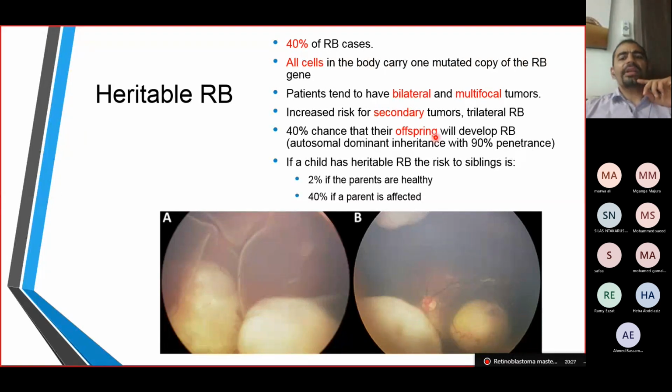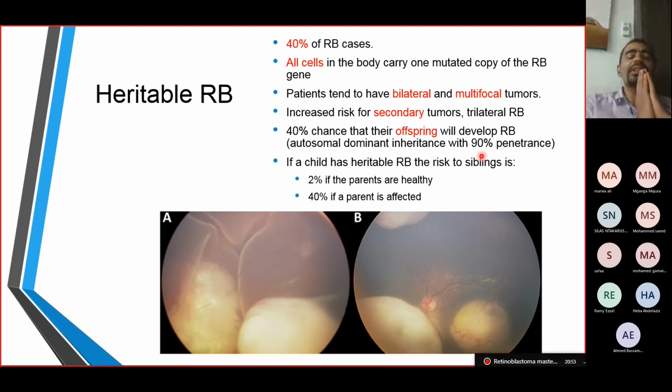There is a higher risk of secondary tumors and what we call the trilateral retinoblastoma. Those patients will usually have a pineal body tumor, and there is a 40% chance to transfer the gene to the offspring. Why is it 40%? It's an autosomal dominant inheritance, so it's a 50% chance, but there is what we call incomplete penetrance.